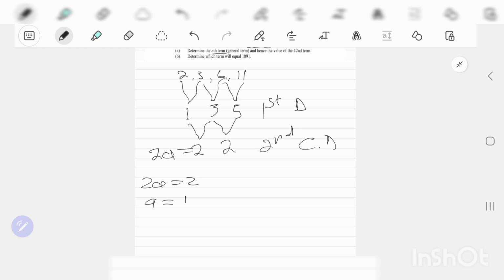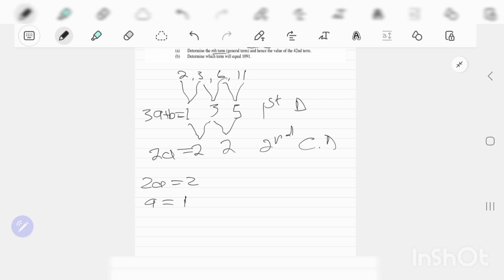And then to find the value of B. Remember, the value of A, you already have it, people. So to find the value of B, this is what you're going to do. You're going to say 3A plus B is equal to the first term of the first difference, people. Don't make a mistake.